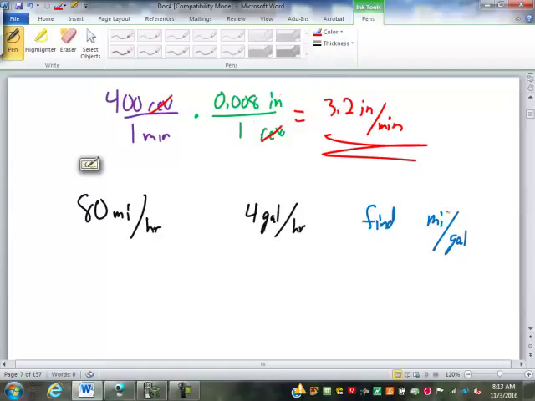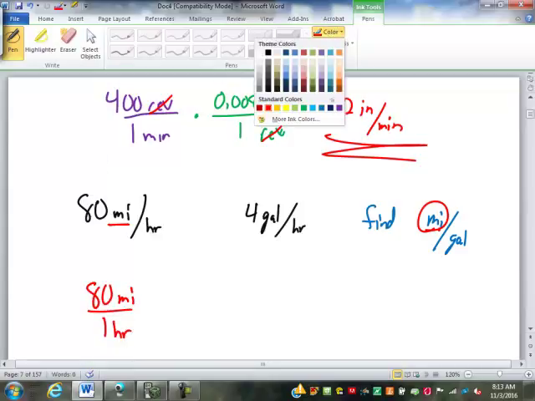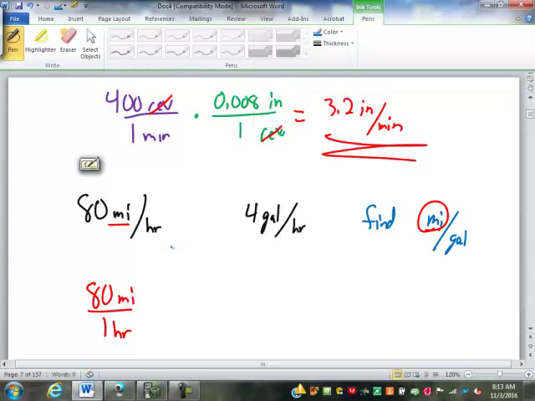So I look for what I have here. I want miles on top. So I want to start out with miles on top if I have that somewhere. And I do right here. I have 80 miles per hour. So I'll start with that. Miles are on top. I'm going to keep miles on top, but I want gallons on bottom. So I need to somehow get to gallons on bottom.